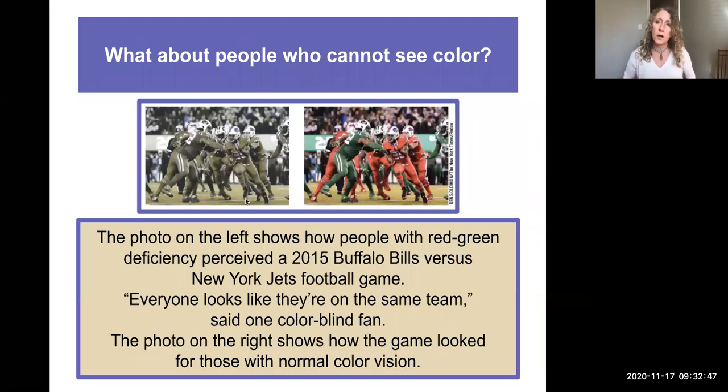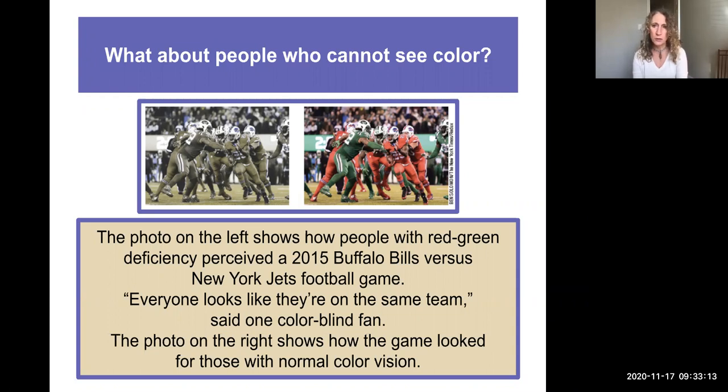So when we think of trichromatic, often we're thinking about people that actually have some type of color blindness. It tends to be with red and green receptors. And that is when we're talking about the red and green colors combining together and perceiving different colors from that. And here's an example of a Buffalo Bills versus New York Jets football game.